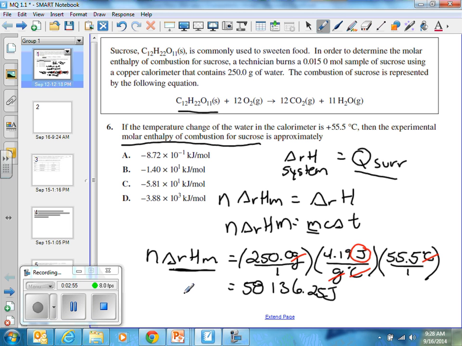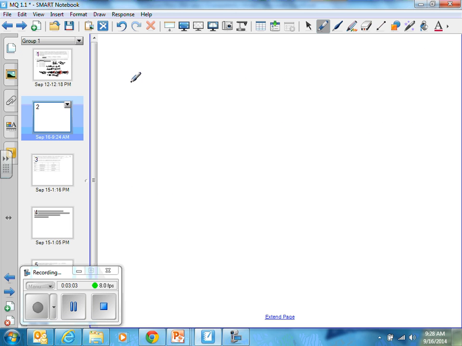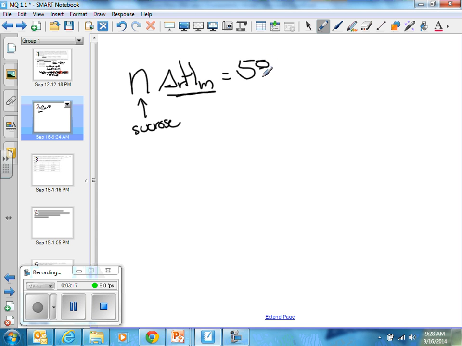So we want our units to end up being kilojoules per mole. My number of moles here is the moles of the sucrose, and I'm solving for the molar enthalpy. So I've got 58,136.25 joules.